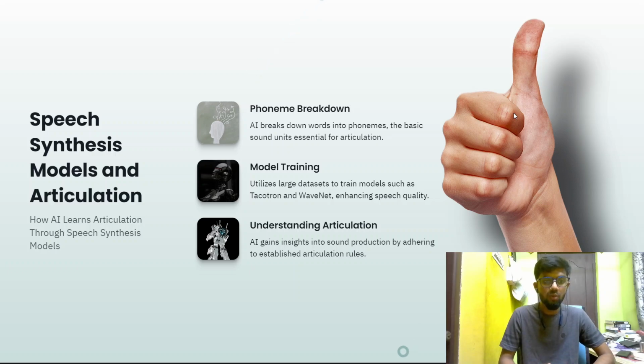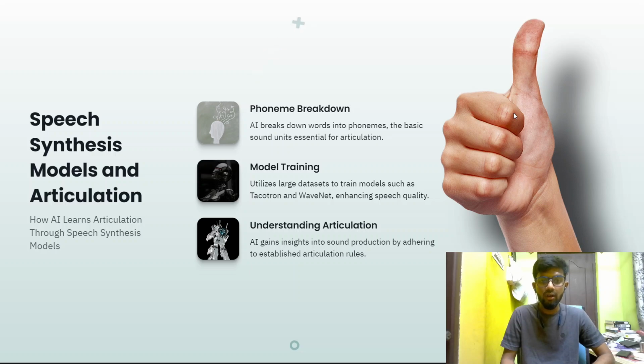Now the speech synthesis models and articulation, how they understand. First, phoneme breakdown: AI breaks down words into phonemes. Phonemes are nothing but sound units, a segment, and the model is trained based on these phonemes. There will be a large data set, with models such as Tacotron and WaveNet, which enhance the speech quality.